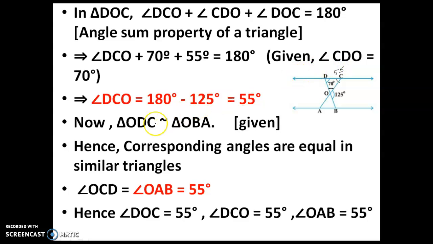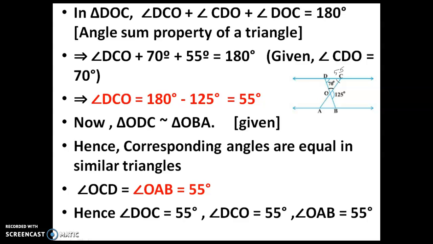So these two triangles are similar. Which triangles? ODC, this triangle, and OBA, this triangle. It is already given in the question. Corresponding angles are equal in similar triangles. If two triangles are similar, then the corresponding angles will be equal.